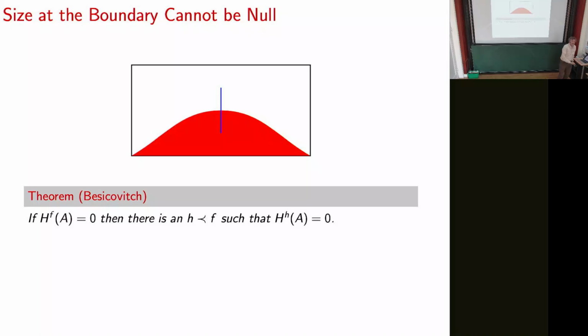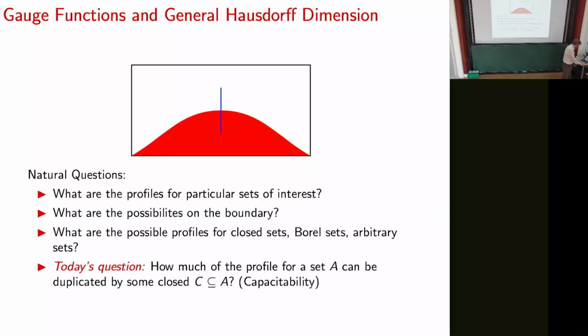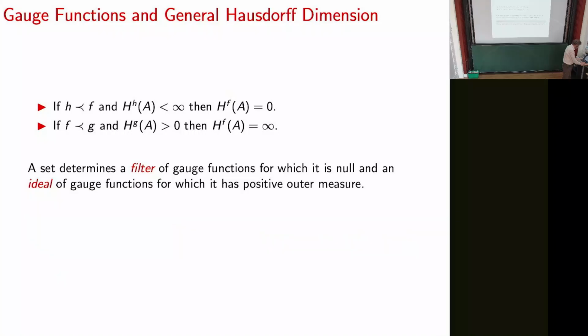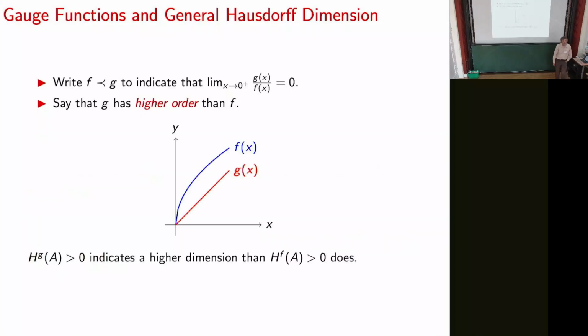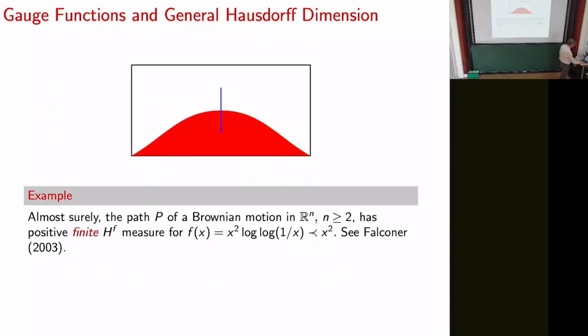Can you go back to the previous slide? Sure. I'm getting confused about the direction of the order. Yes. So x squared, x cubed: the faster that you go to 0, the higher the order. So x squared is less than x cubed. So then why on that other slide was x squared log x seeming like the bigger function?